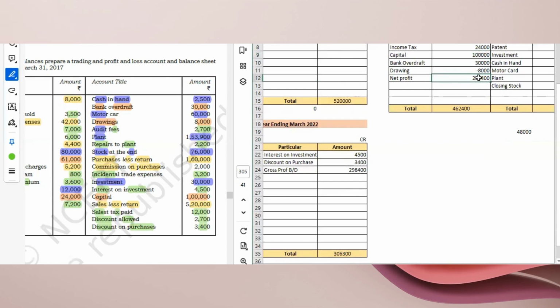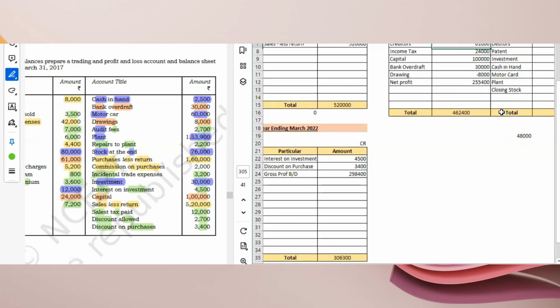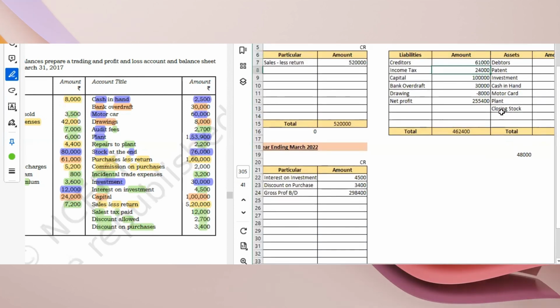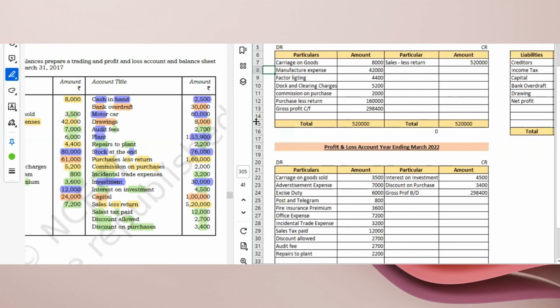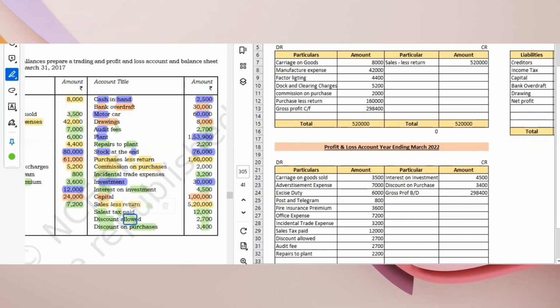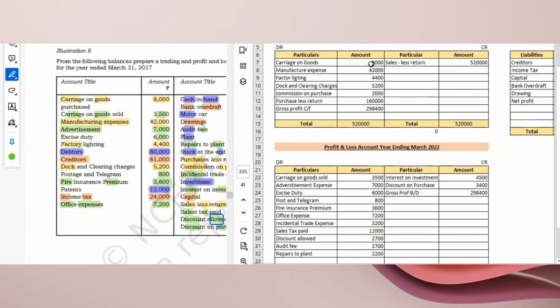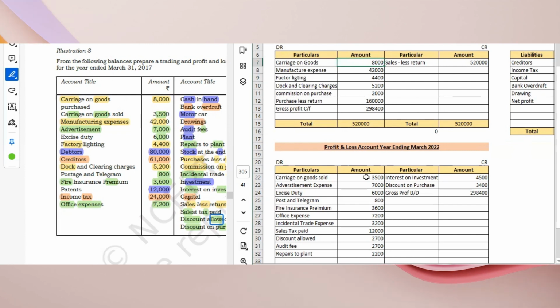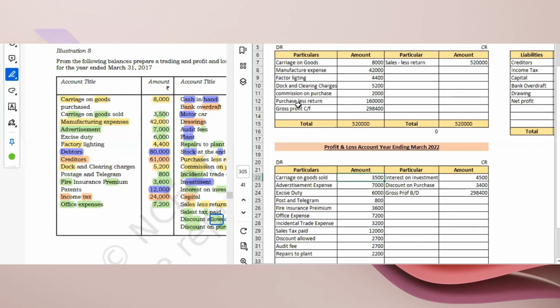Okay. We'll see one by one first. Then only it will help us. Carriage, we have 8,000 done. Carriage and goods sold is there. Manufacturing is there. Advertisement is there. Excise duty is there. Factory lighting is there. Data 80,000, it is there.